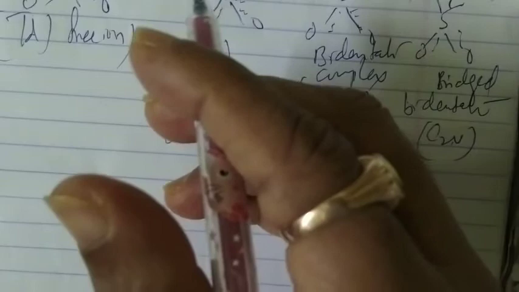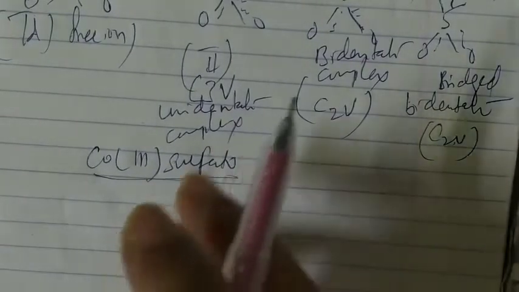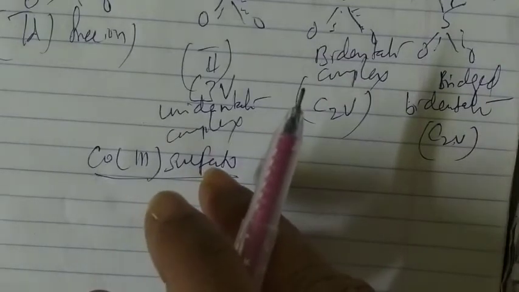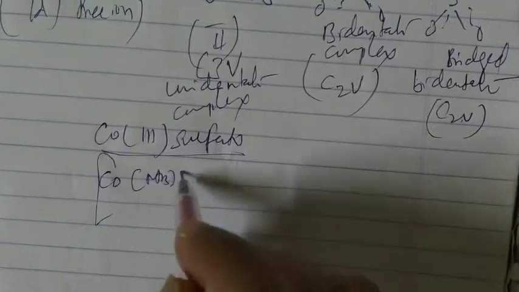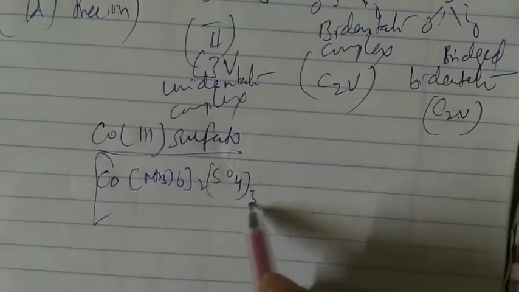Now the spectra of cobalt 3 sulfato complexes were obtained by Nakamoto, in a complex like [Co(NH3)6]2(SO4)3·5H2O.